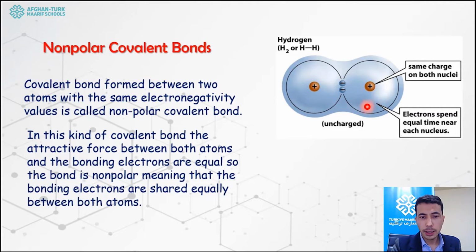You can see that the electron density between them is equal. Both hydrogens are sharing electrons with an equal force. The electronegativity of both hydrogens is the same, 2.1 and 2.1, which means that this bond is non-polar covalent bonding. Okay, so electron density or the electron cloud between them is shared equally.